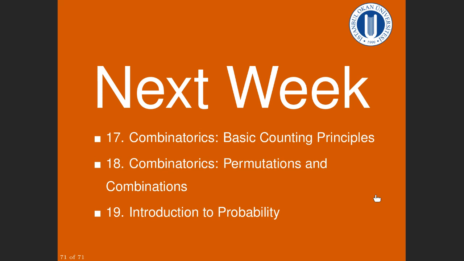That is the end of our topics of geometry. Next week, we're going to be talking about combinatorics, which means counting, and then we're going to start talking about probability.